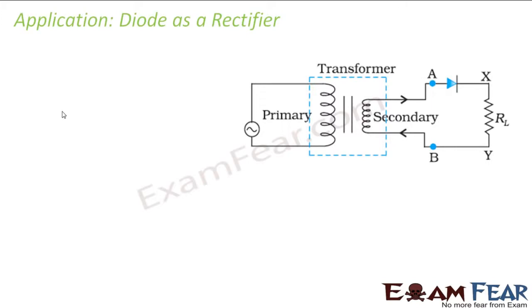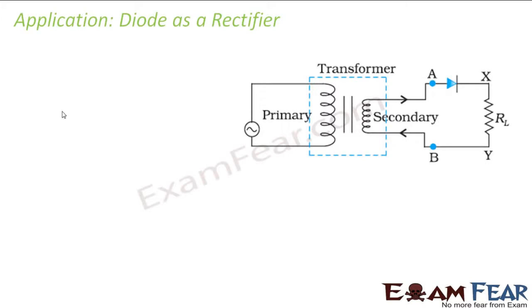For example, if you apply an AC input voltage to a rectifier, because AC input is bidirectional, with positive half cycles as well as negative half cycles, the output you will get from this rectifier will be in one direction. So that is a rectifier.